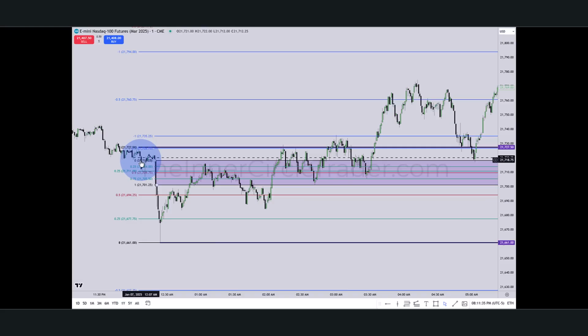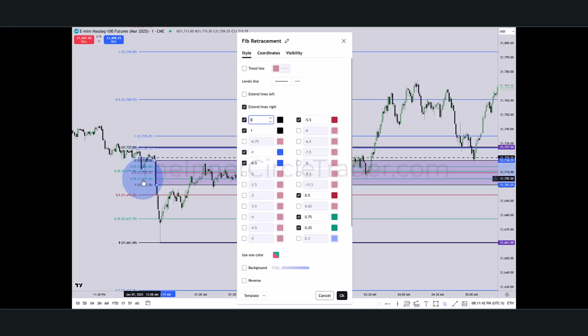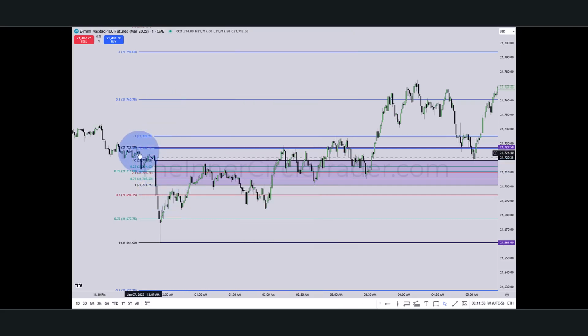Notice that? So what happens when I add these same levels that are here, -1 and -0.5? What if I add that to this inefficiency on the upside? Well, you get these things like this. You get the 50 or half of it. That's this level here. Look what the bodies are doing.